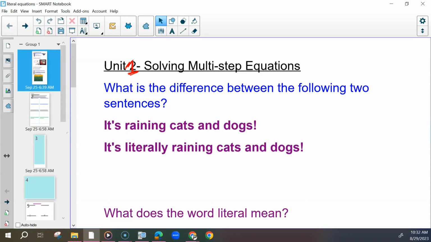Right, so if I asked you, what is the difference between it's raining cats and dogs and it's literally raining cats and dogs? What would you tell me?